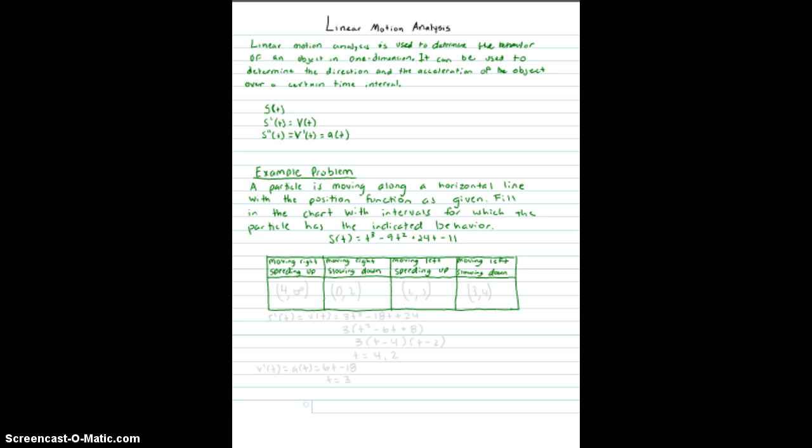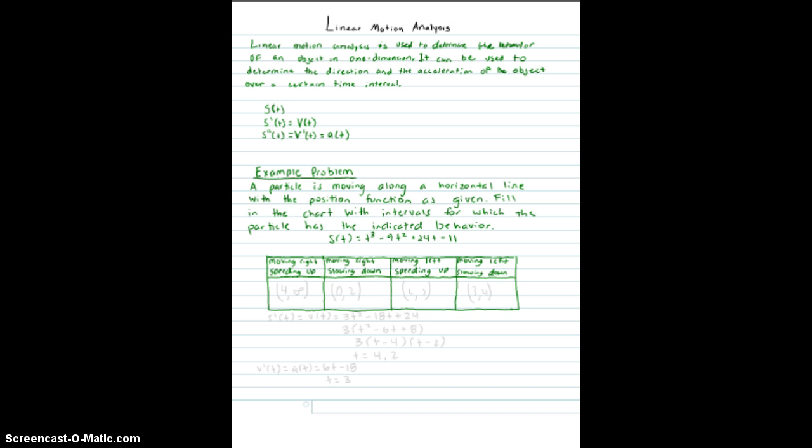The first step is to solve for the derivative of the position function to get the velocity function. S prime of t equals v of t, which is equal to 3t squared minus 18t plus 24. With that, solve for the zeros to determine the interval for which the particle is moving left or right.